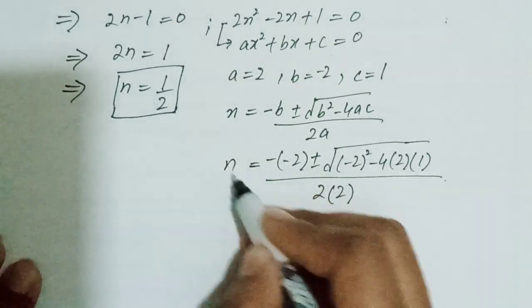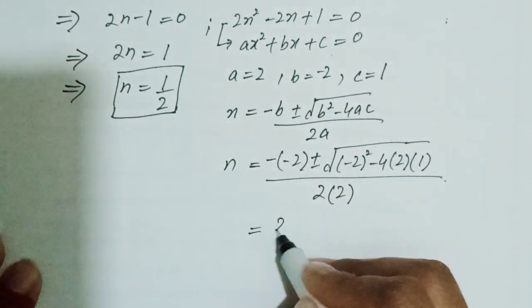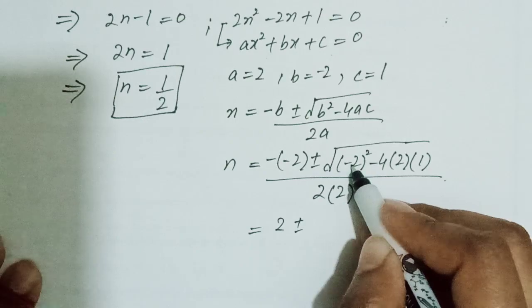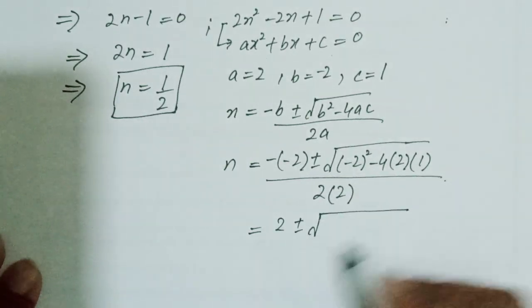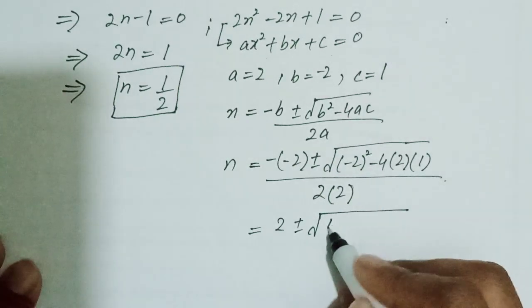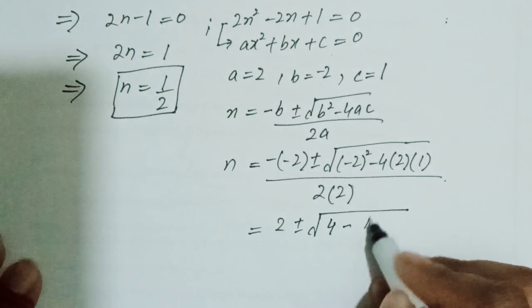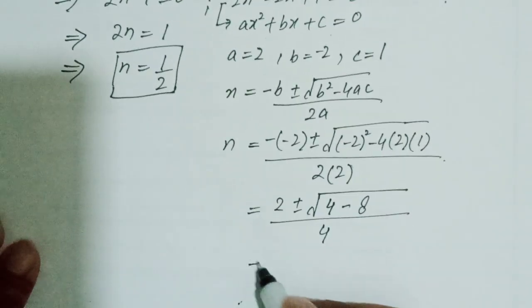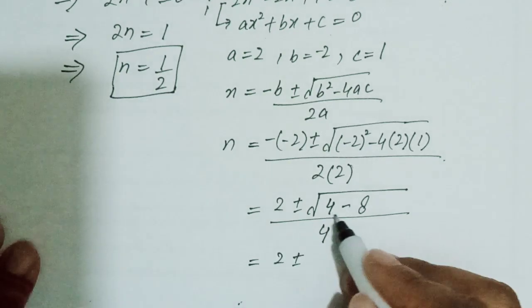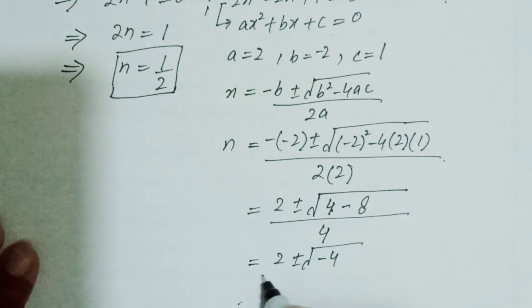So next I can simplify. Minus and minus will be plus 2 plus minus square root, 2 square will make this term positive. It will be 4 minus 4 times 2, which is 8, over 4. So it will be 2 plus minus square root of 4 minus 8, which is minus 4, over 4.